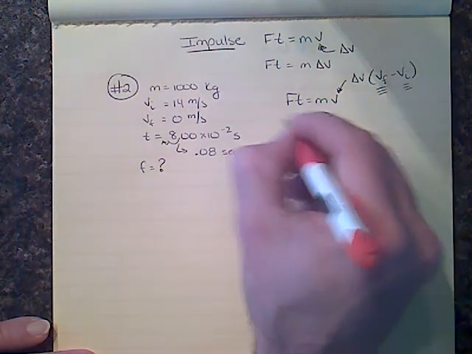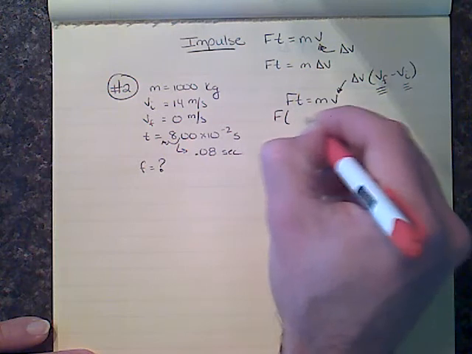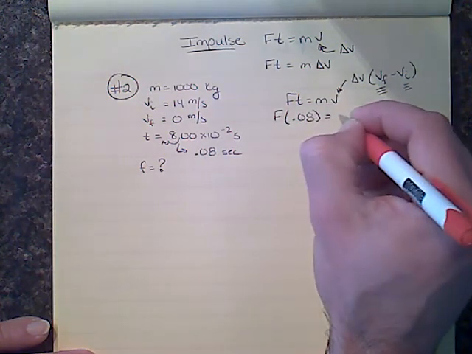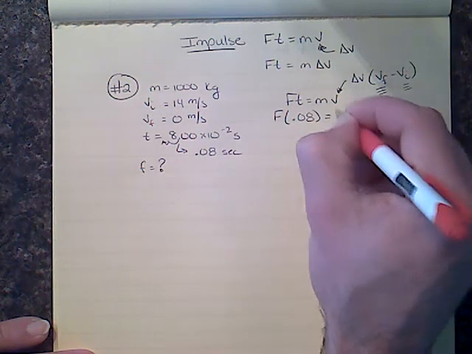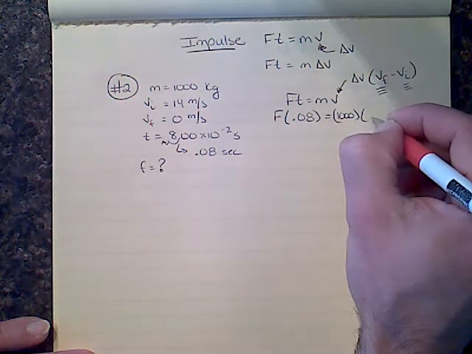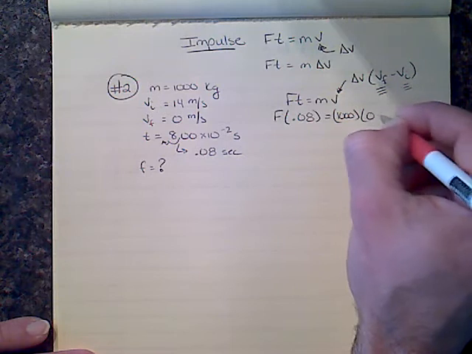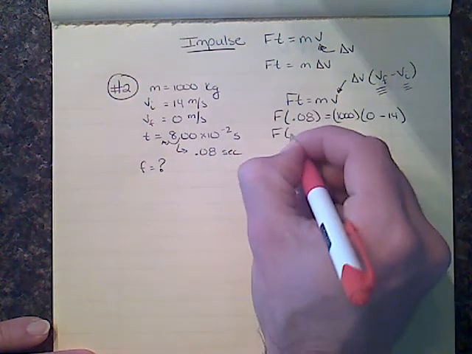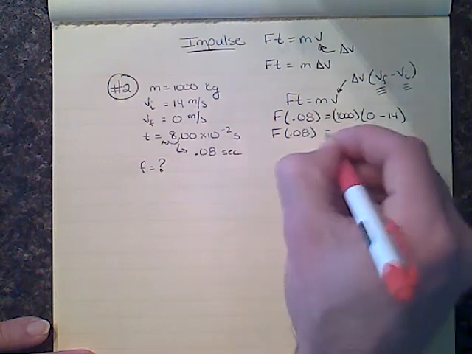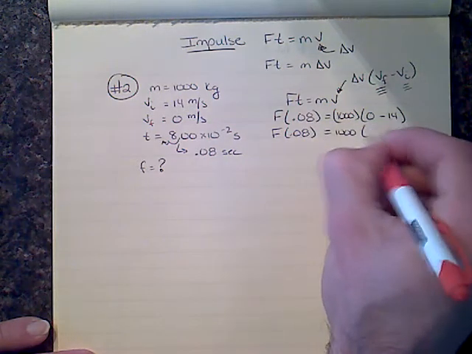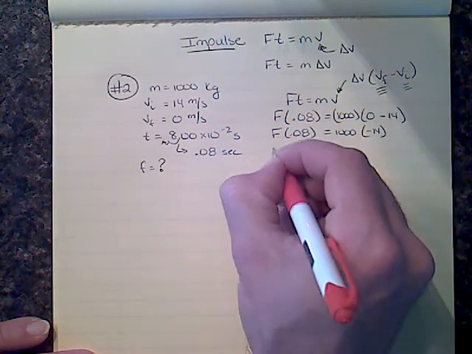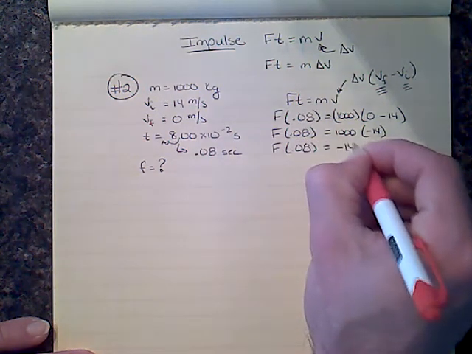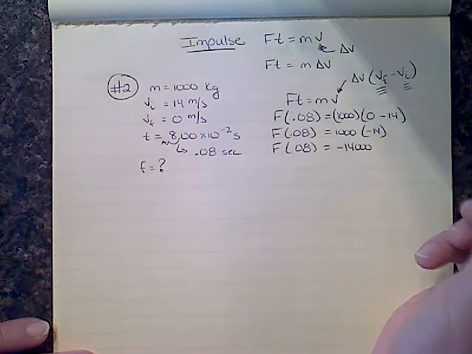We can plug in what we have. F times 0.08, m would be 1,000. And v in this case, the final minus the initial, would be 0 minus 14. F times 0.08 equals 1,000 times negative 14. F times 0.08 equals negative 14,000.